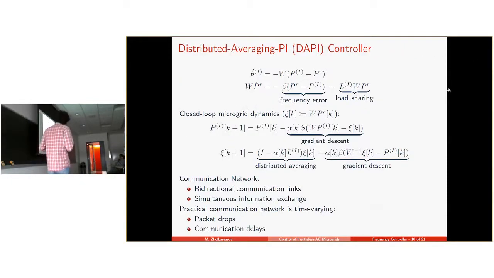Now, to better understand information from the previous slides, let's look into the distributed averaging PI controller, which was proposed a couple of years ago.